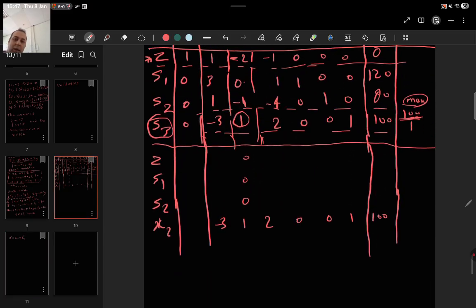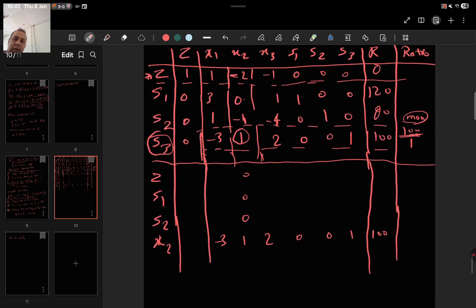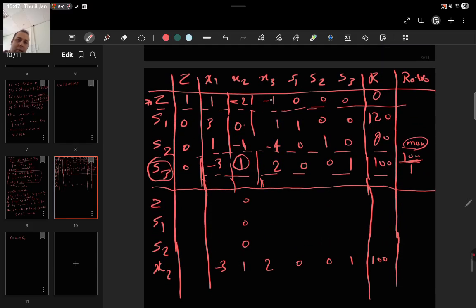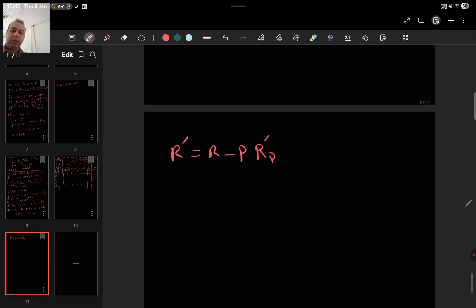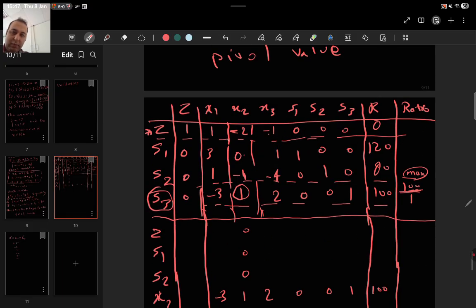So how does it work? You write down the previous row values: 1, minus 2, minus 1, 0, 0, 0. Then what is the pivot column value in this case? It is minus 2.